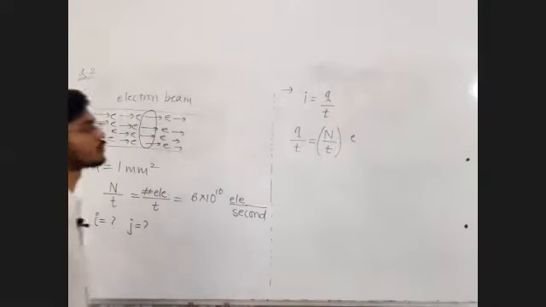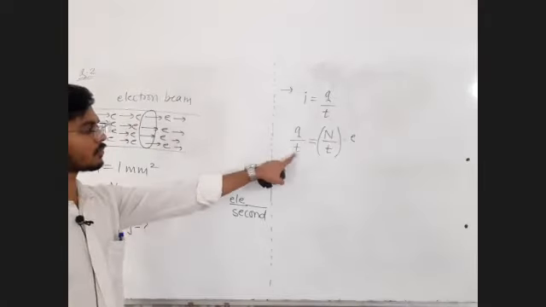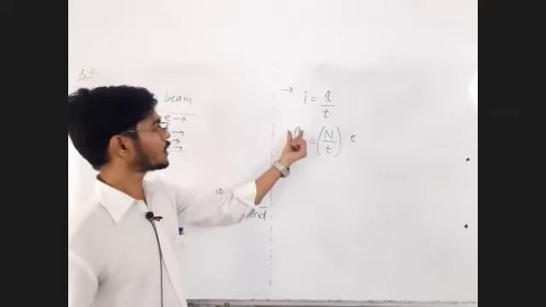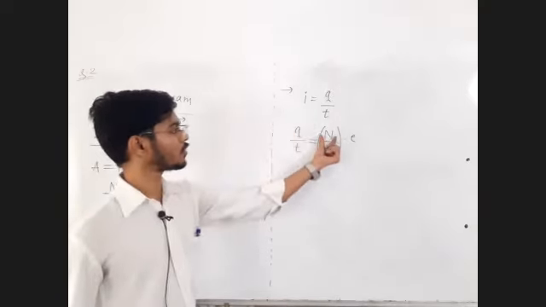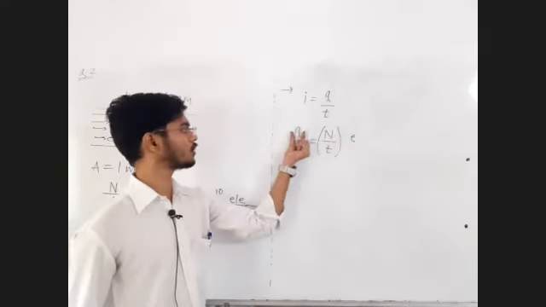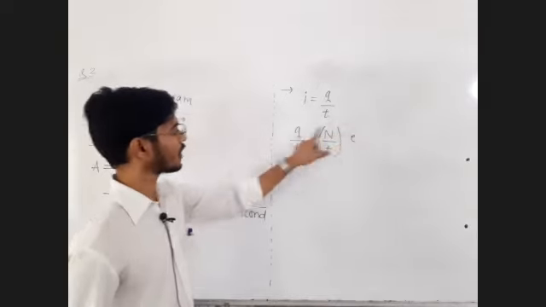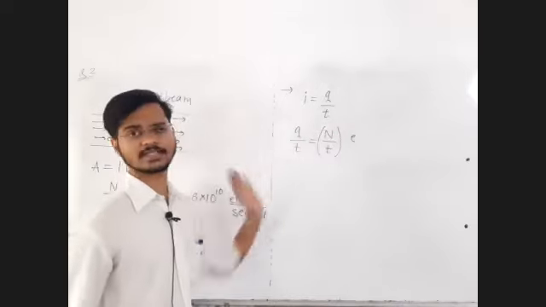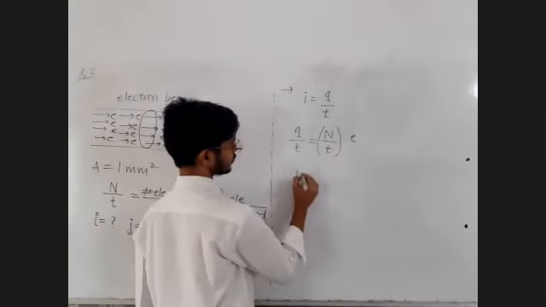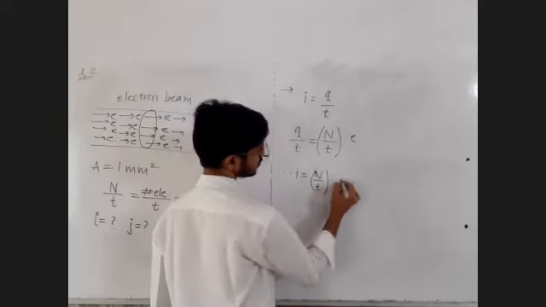Tell me yes or no. Total charge flown is equal to number of electrons flown into charge on single electron, and per second thing is as it is. Okay, but this is current, so therefore current is equal to number of electrons per unit time into charge on single electron.